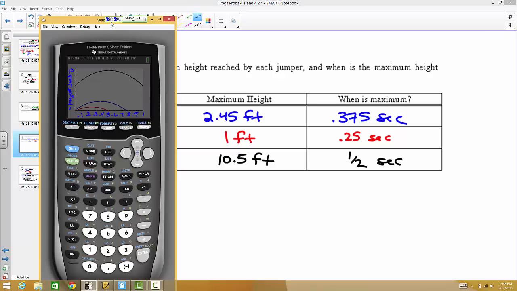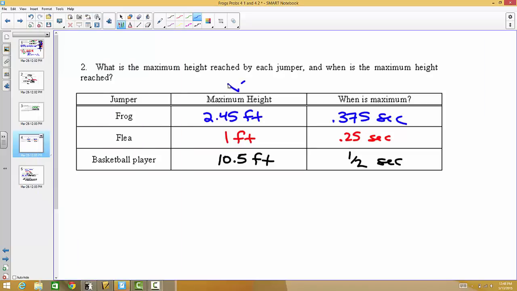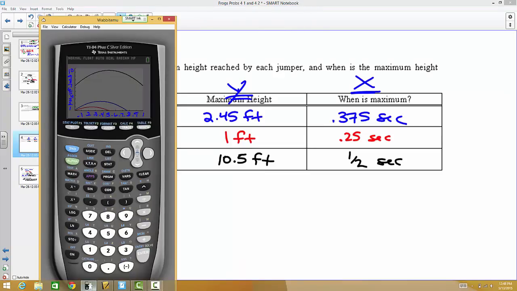So the 2.45, 0.375, wait, this is very confusing. This is the x, and this is y. And it's usually the opposite when we write it, but this table has it reversed. So the maximum is at 0.375, which is right here, and it's up 2.45.